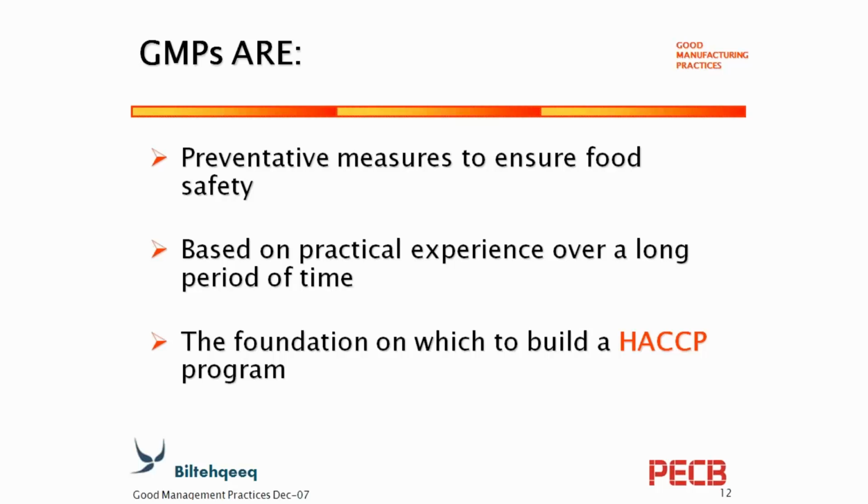The foundation of these GMPs is based on the HACCP program, and we have already discussed HACCP. It is basically a preventive approach, and it gives us a chance to avoid any non-conformance.